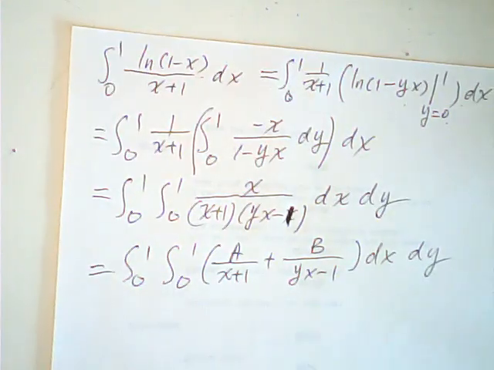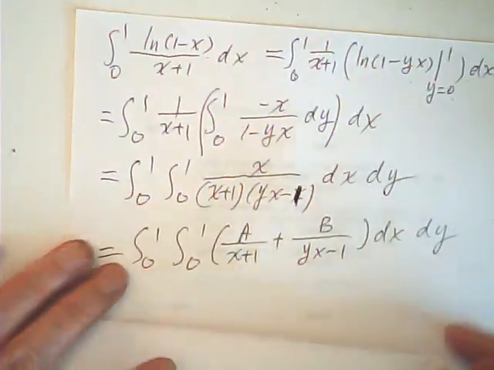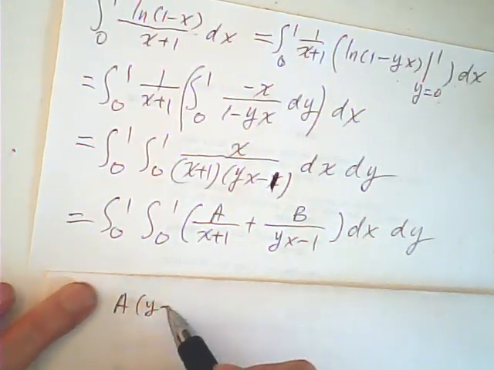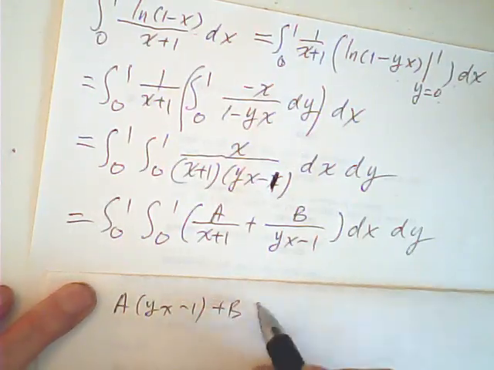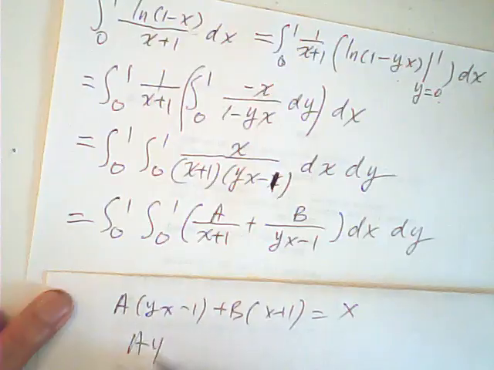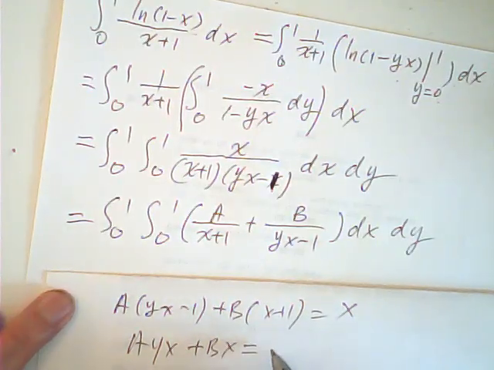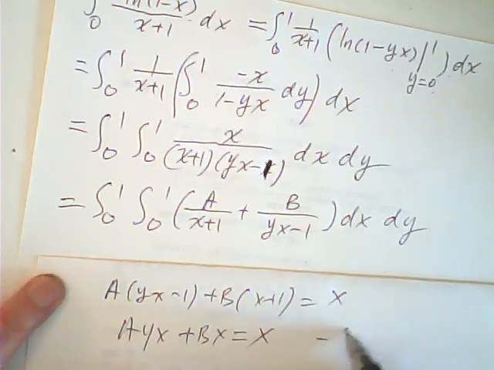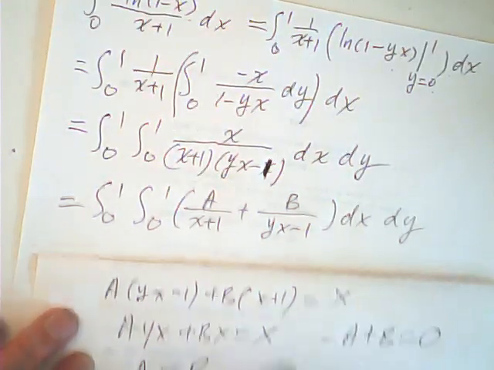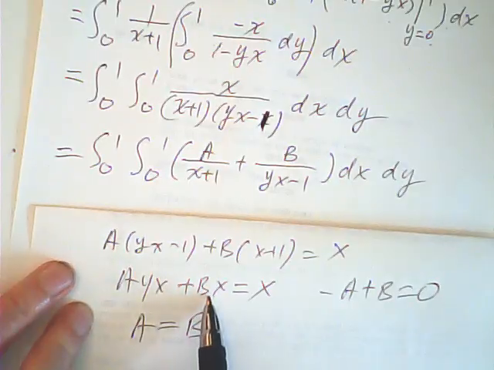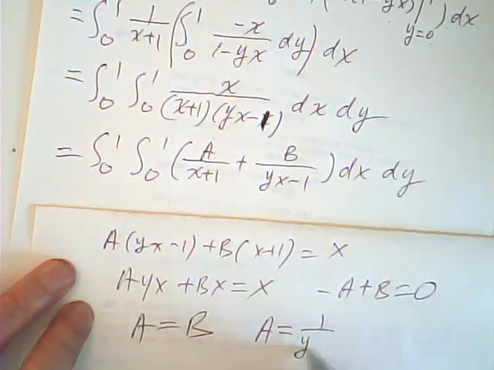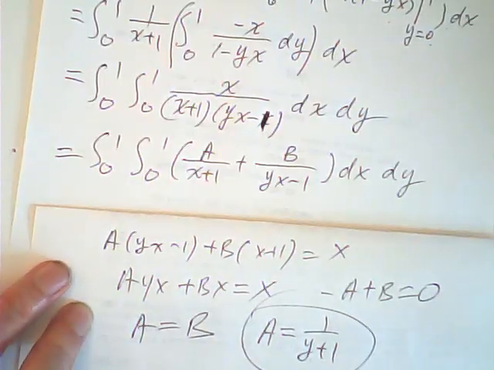Then the partial fractions: a(yx minus 1) plus b(x plus 1) equals x. So ayx plus bx equals x. Negative a plus b equals 0, so a must be equal to b. Putting in a, a is equal to 1 over y plus 1. So we find both a and b.